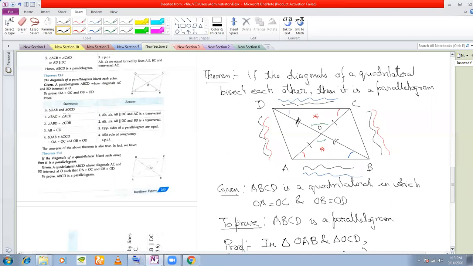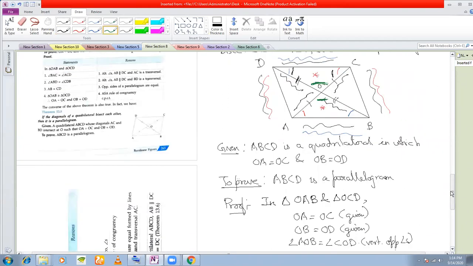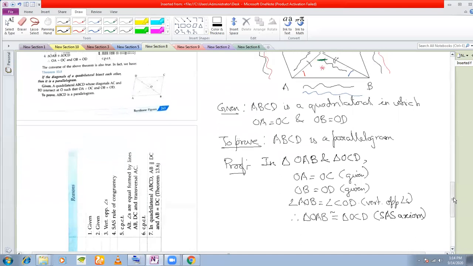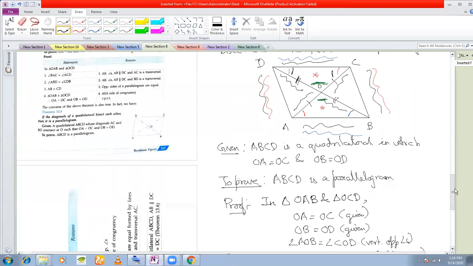What is this green angle? This green angle is the included angle between these two sides. So therefore, this must be your SAS axiom, side angle side. So by the SAS axiom, we have proved that these two triangles are congruent.